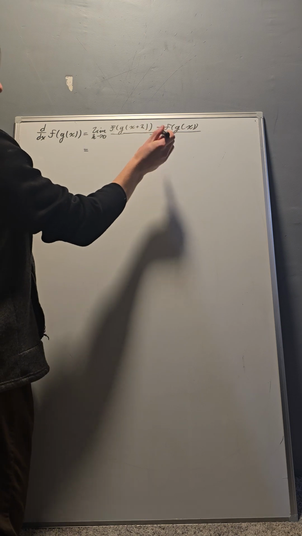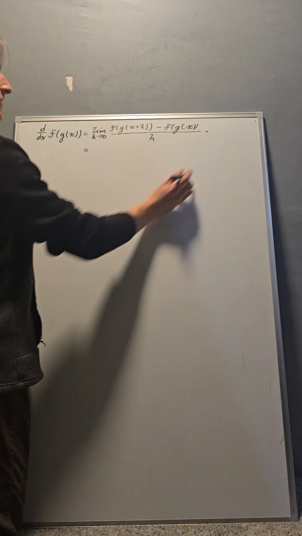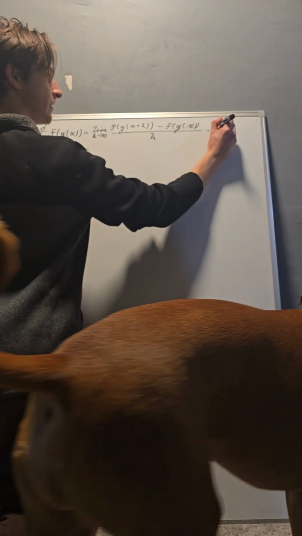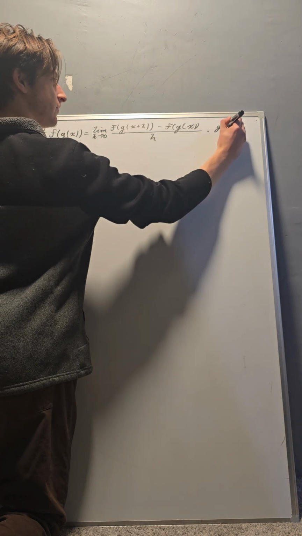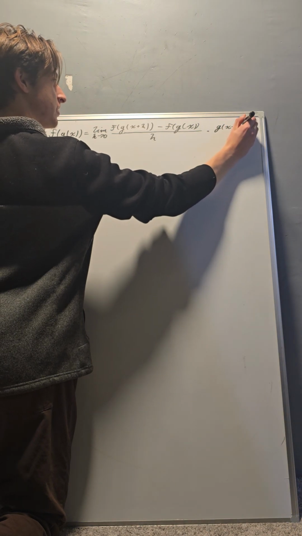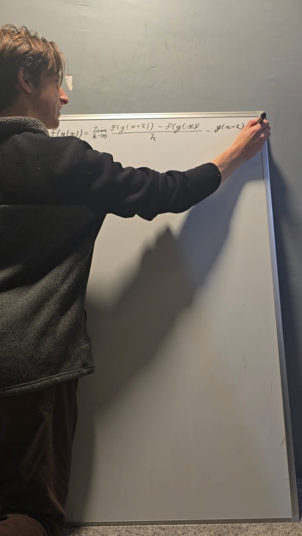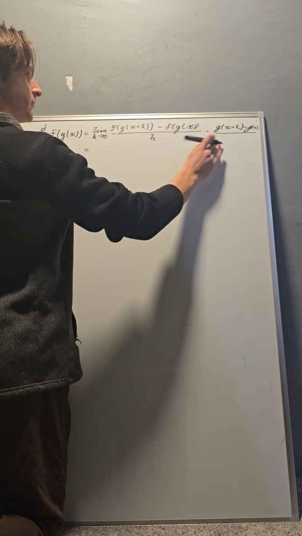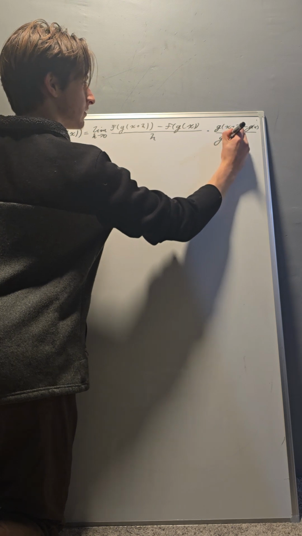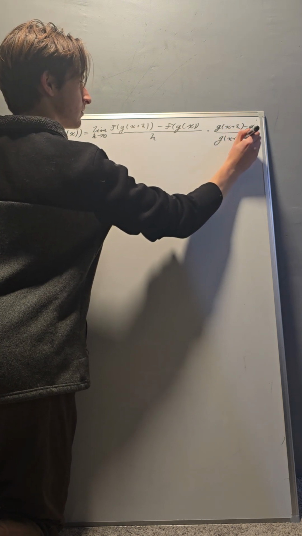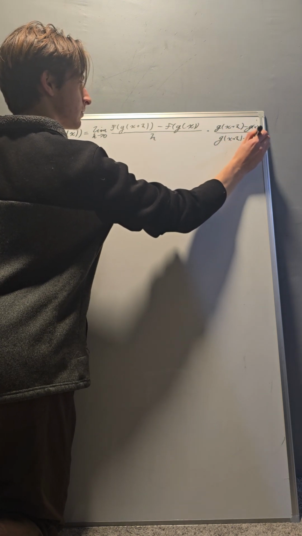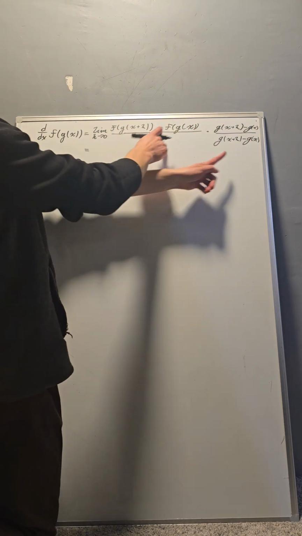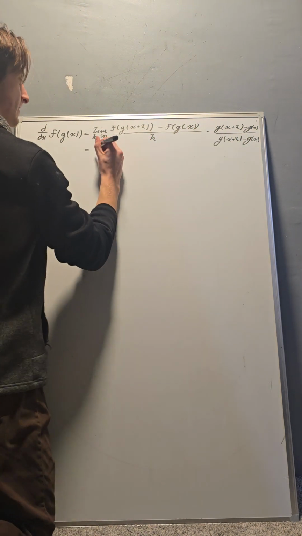we can multiply by something. We can multiply by g of x plus h minus g of x over itself. And then we can just swap the bottoms like this.